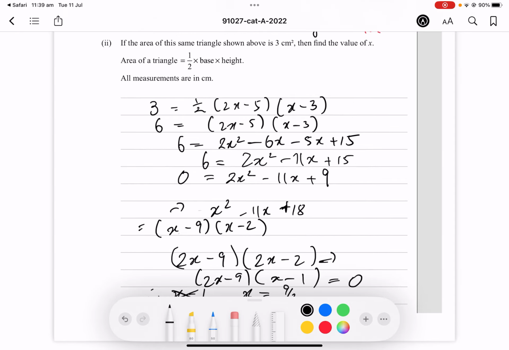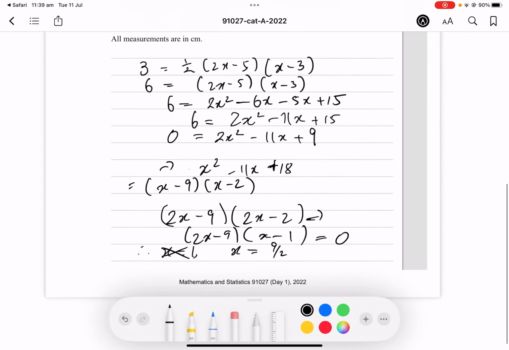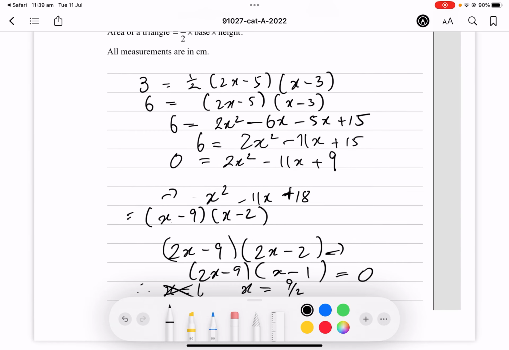If x equals 9 over 2, then 9 over 2 minus 3 is positive. 9 over 2 times 2 is 9, and 9 minus 5 is 4. That's also positive, so we're pretty happy here. So x equals 9 over 2 is our answer for this question.